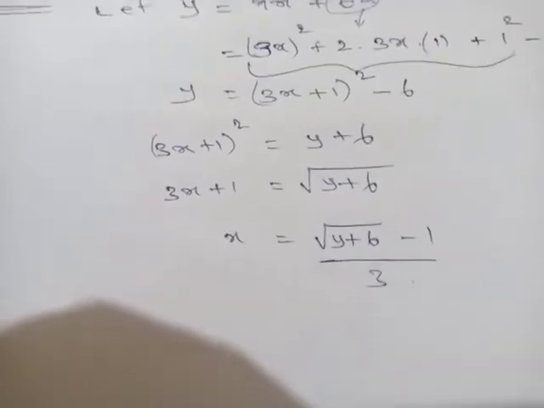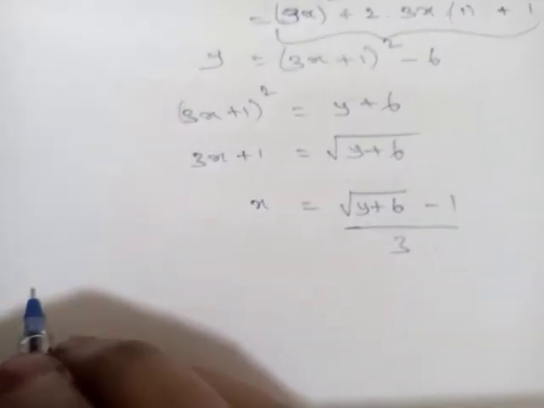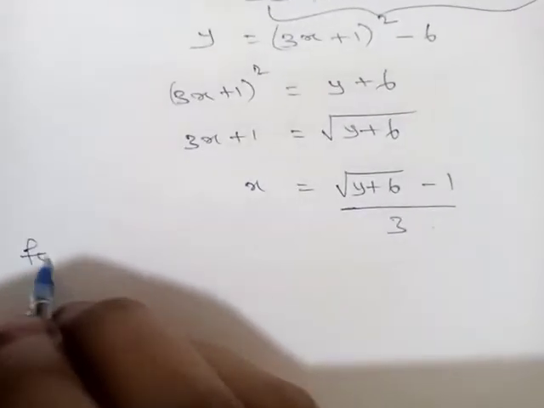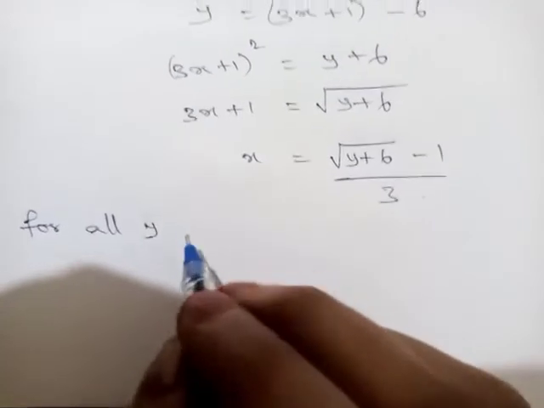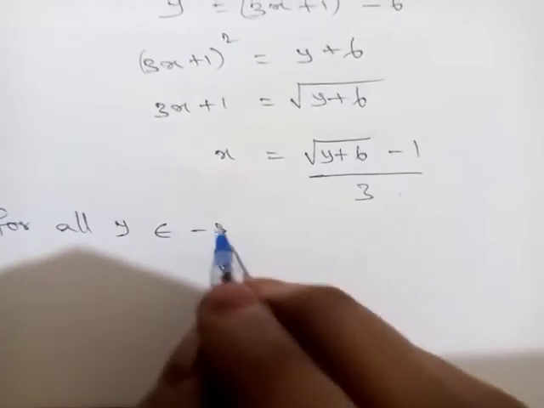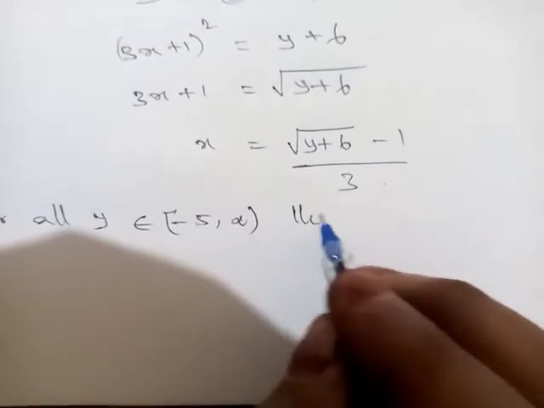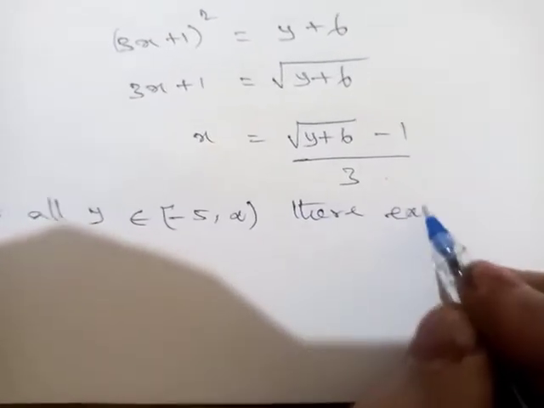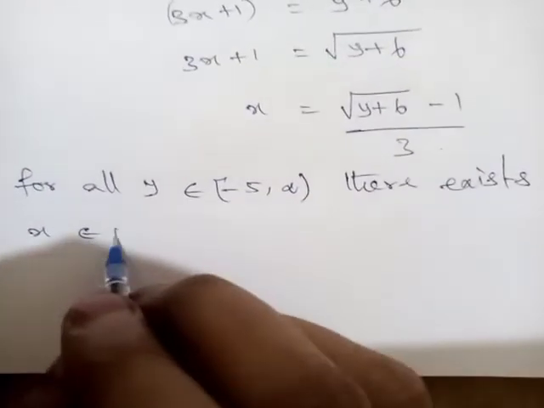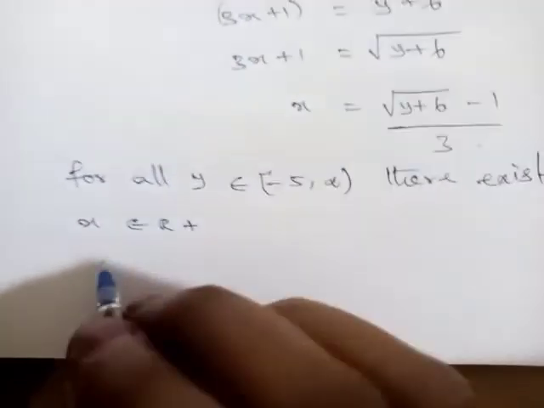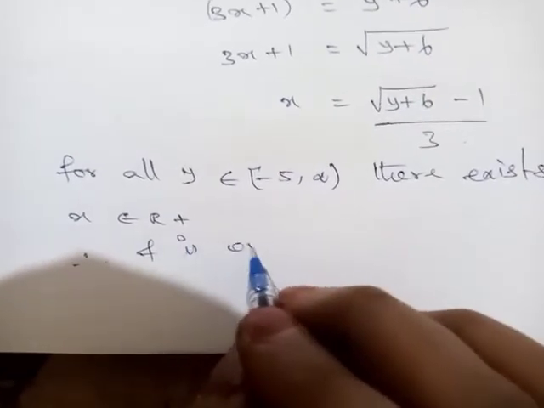That means for all y value, that is like the last problem, for all y belongs to minus 5 to infinity, there exists x which belongs to R plus. Therefore what we can say, f is onto.